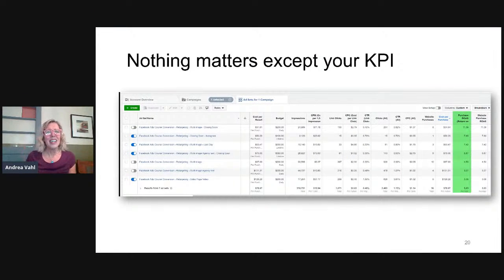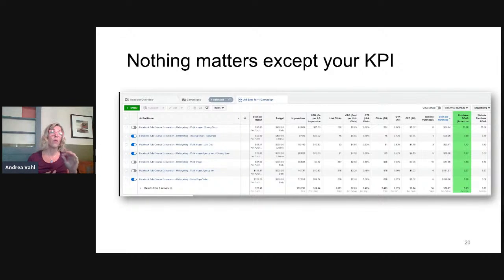So nothing really matters except your key performance indicator. Now, your KPI, key performance indicator, what that means is you are making sure that the one thing that you want is what you're optimizing around. So if you want sales, you're optimizing around a purchase. If you're optimizing around a purchase and you want better performance, you should probably be watching your return on ad spend, your ROAS.